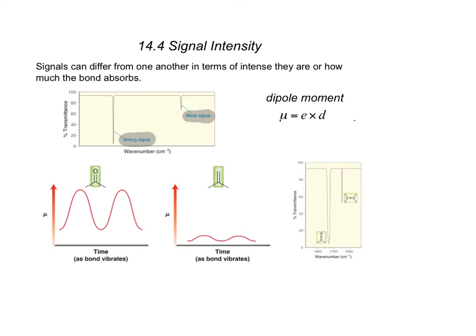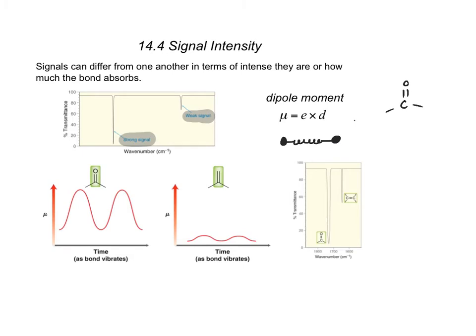Again, we have two masses on this spring, and let's say we're looking specifically at a carbon-oxygen double bond. When we imagine this vibration, we're imagining these two masses coming close together and far apart, close together, far apart.